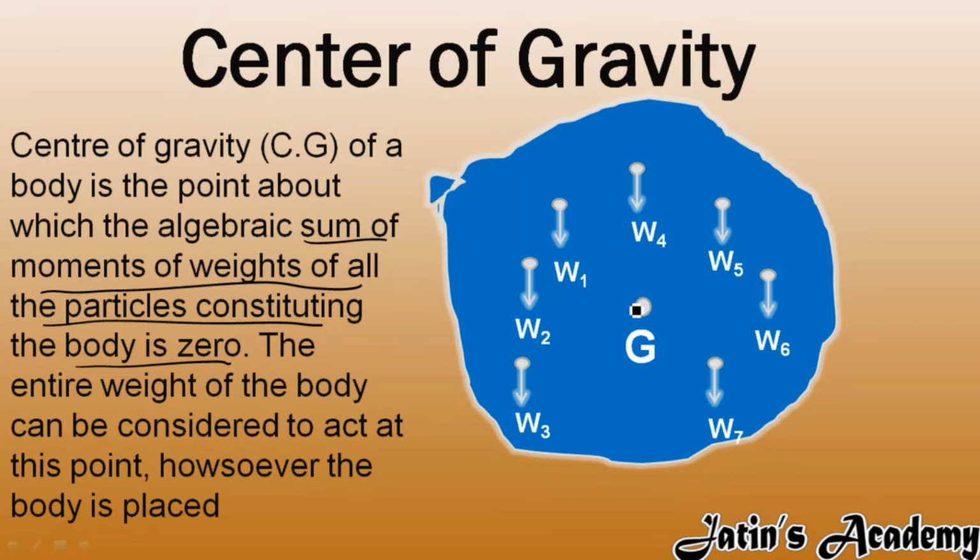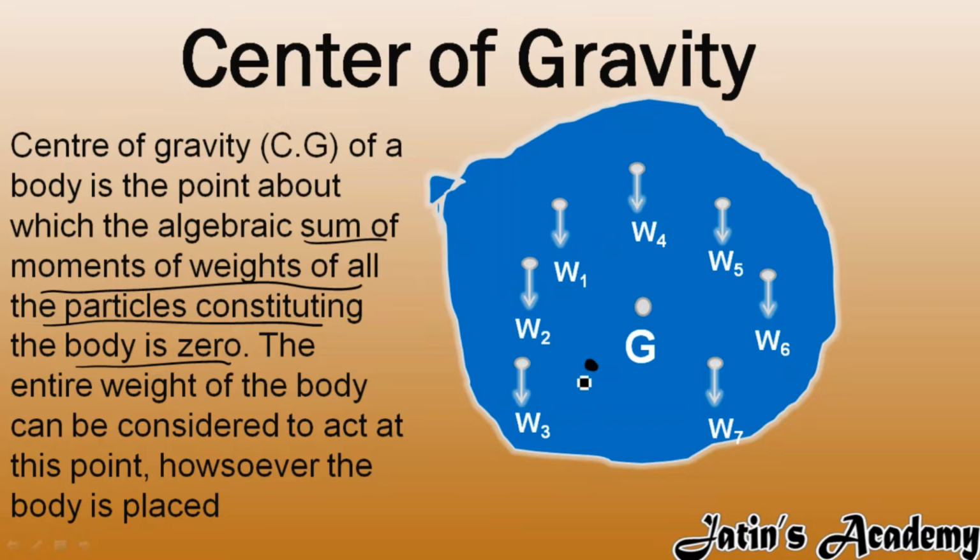For example, if I take the center of gravity at this point, then the sum of moments of weight about this point is not 0, so I am not considering it a center of gravity.